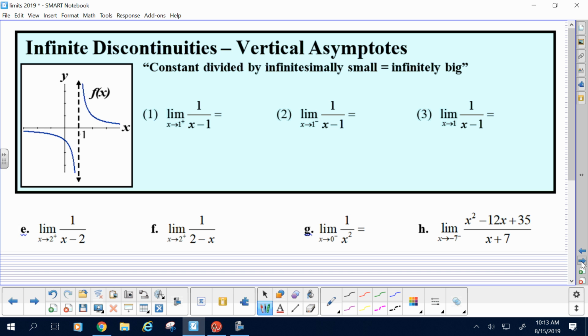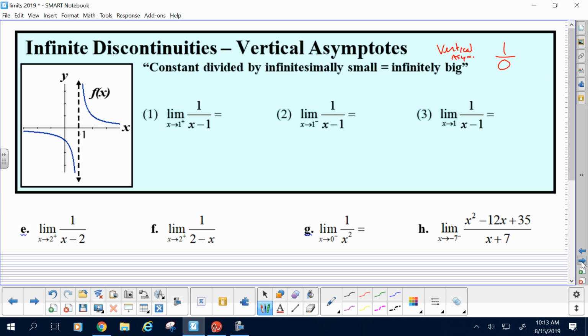Vertical asymptotes. When you get something like 0 in the denominator, you're talking a vertical asymptote. It doesn't have to be 1 in the top, it could be any non-zero number in the top, but it's a vertical asymptote. So in this case, for example, if you approach 1 from the right, think of it like 1 and 1/100.